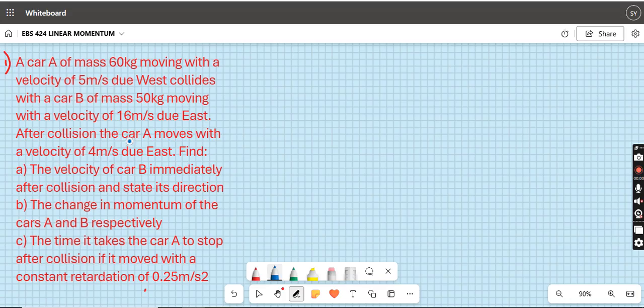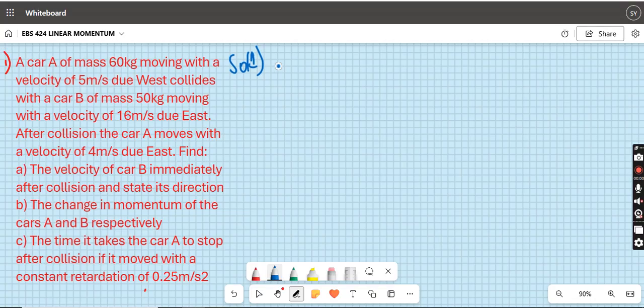After collision, the car A moves with a velocity of 4 meters per second due east. Find A, the velocity of car B immediately after collision, and state its direction. B, the change in momentum of the cars A and B respectively. C, the time it takes car A to stop after collision if it moved with a constant retardation of 0.25 meters per second squared.